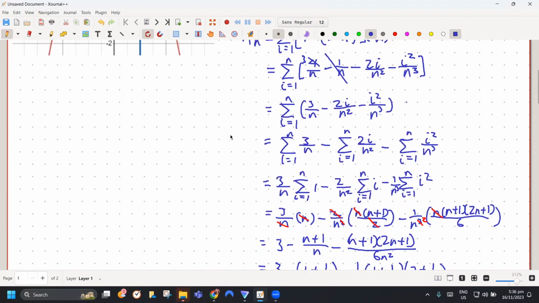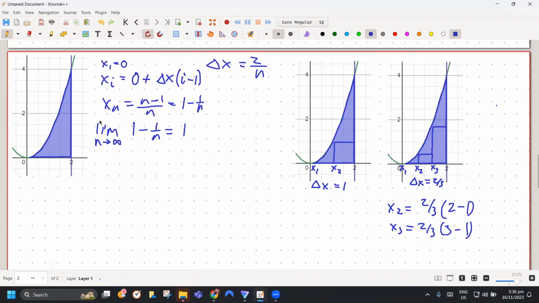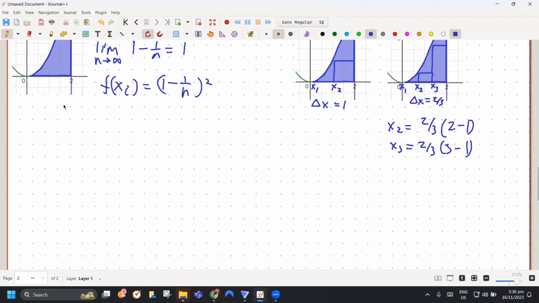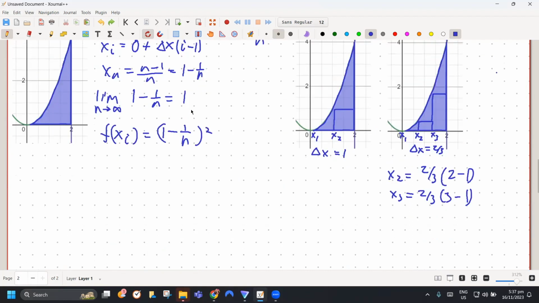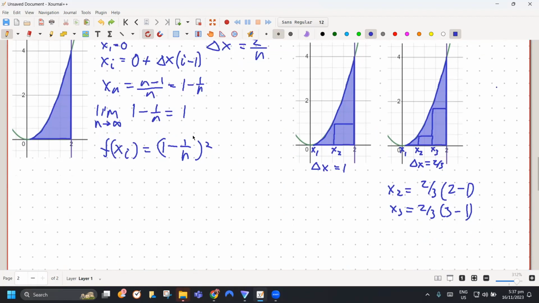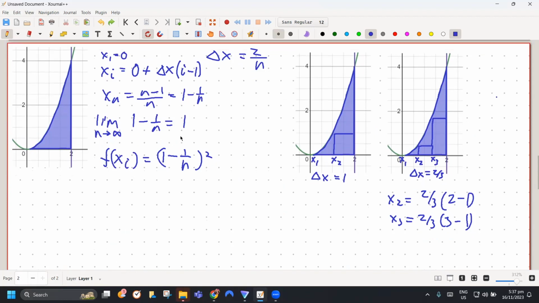So, now what is it called? F. Okay. So, f of x is x squared, right? So, that's just 1 minus 1 over x squared. Wait, what is x? F of x is x squared. What is xi? It's f evaluated at xi. Ah, not f at xn, what did I do?